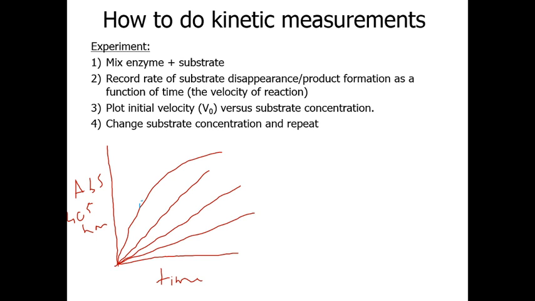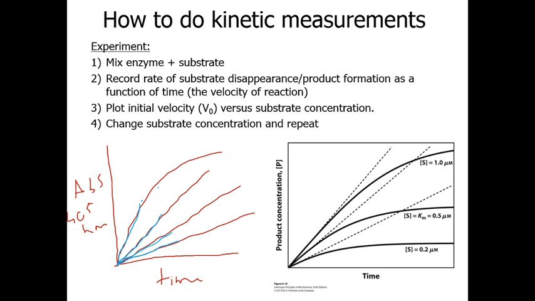And what you need to do is to take the initial rates, just the initial rates until here. And from this initial rate, you will obtain the concentration of the product. So the concentration of the product can be plotted separately versus time.